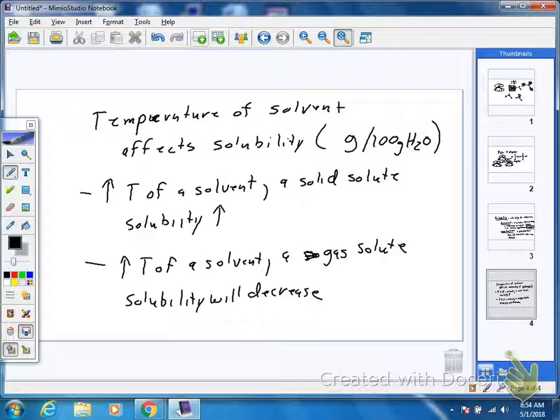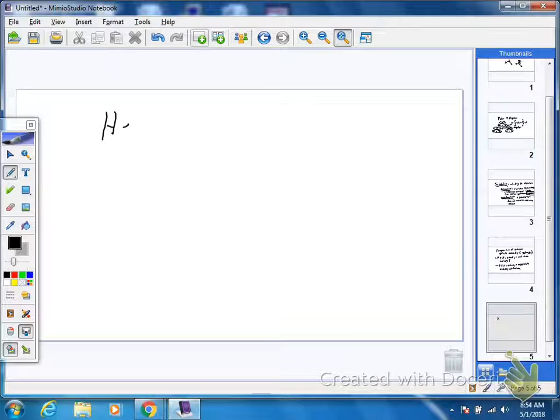So the last thing we'll talk about, on page 370, is Henry's Law. As you look at Henry's Law, I will demonstrate Henry's Law. What's it say about pressure and its effect on solubility?